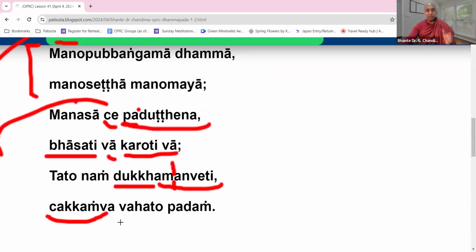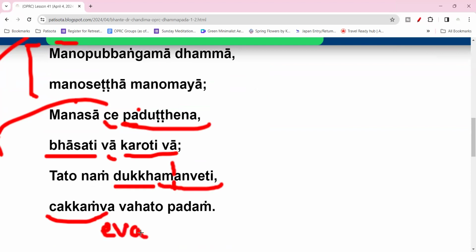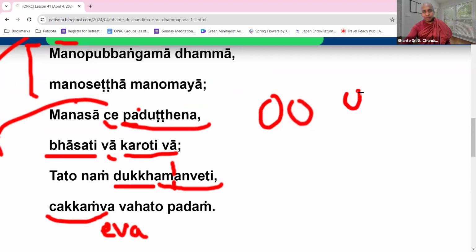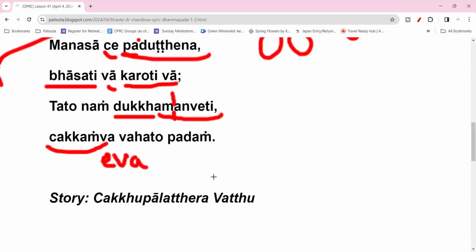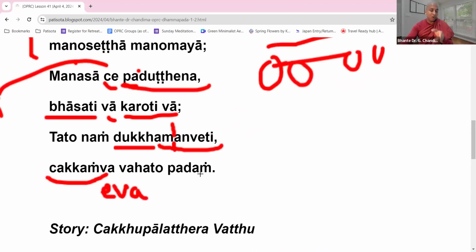Chakkang eva vahato pada. Now let's decombine this word. It's a combination. Chakkang eva. What is chakka? The wheel of a cart, right? Chakkang eva vahato pada. Hoof of the ox. Now, the ox is implied here.